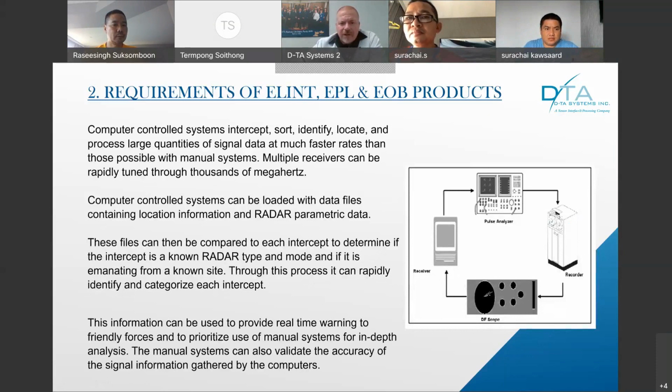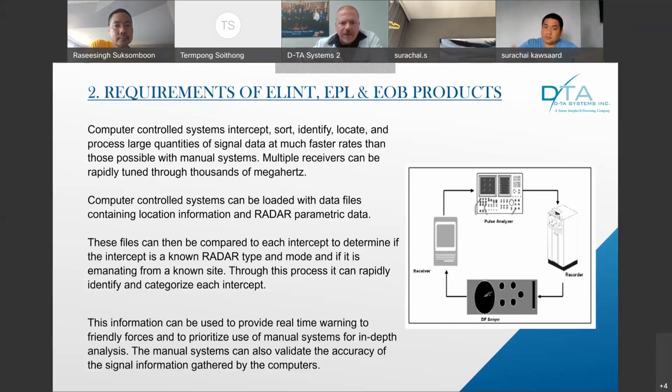Computer-controlled systems intercept, sort, identify, locate, and process large quantities of signal data at a much faster rate than those possible by manual systems. Multiple receivers can be rapidly tuned through thousands of megahertz. Computer-controlled systems can be loaded with data files containing location information and radar parametric data. These files can be compared to each intercept to determine if the intercept is a known radar and mode, and if it is emanating from a known site.